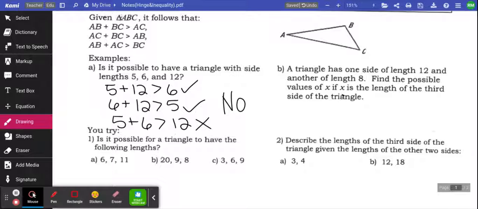But you could draw it as a triangle, right? No, you can't. There's no possible way you can put that together. If you had a stick that's 5 inches, a stick that's 6 inches, and a stick that's 12 inches, and you tried to form a triangle, it wouldn't work. It would look more like this. You would have this long side here, and they wouldn't quite be able to meet.